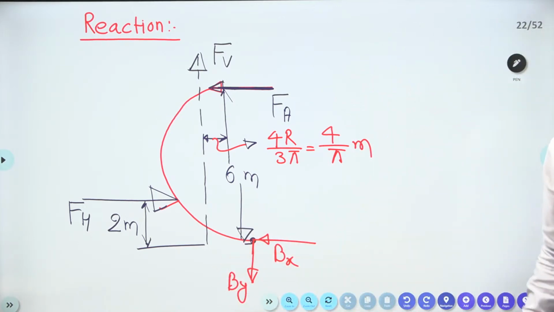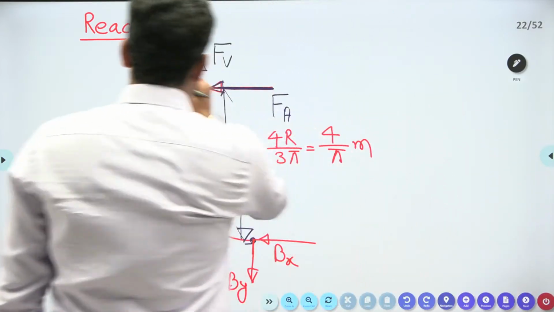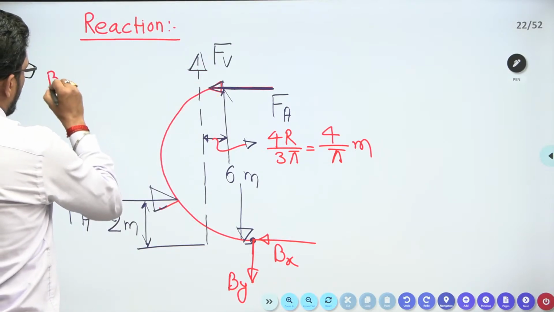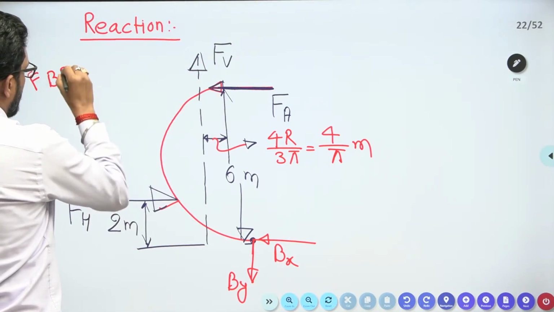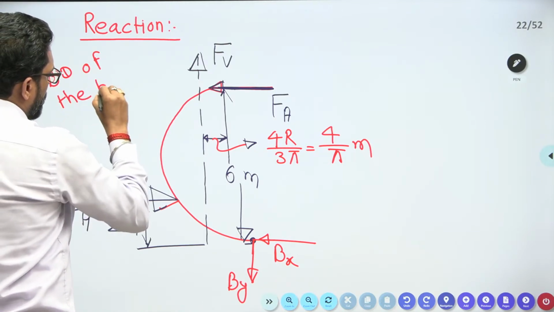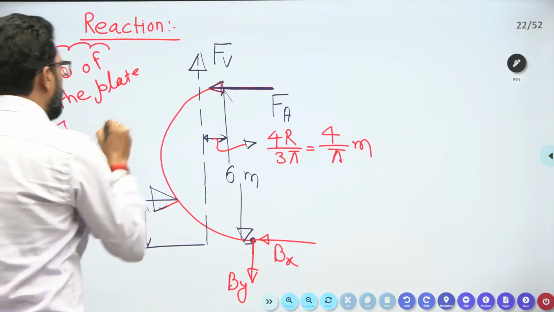You may take any direction, right? Now this is the reaction, and this is your free body diagram of the plate.